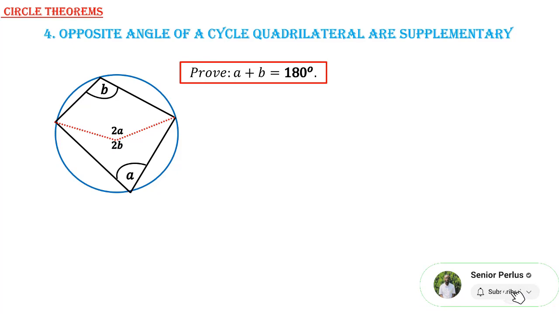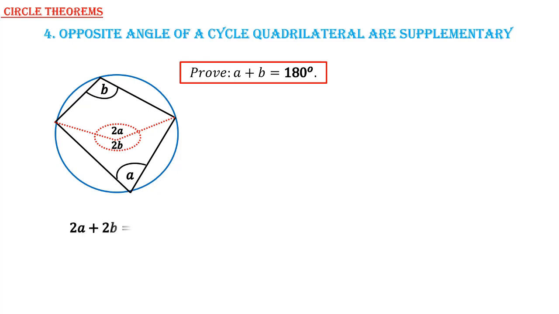So if I want to find this angle, all of it sums up to 360 degrees. So therefore, if I factor the 2 out and divide both sides by 2, it will be A plus B equals 180 degrees. That's why we are saying that opposite angles of a cyclic quadrilateral are supplementary.